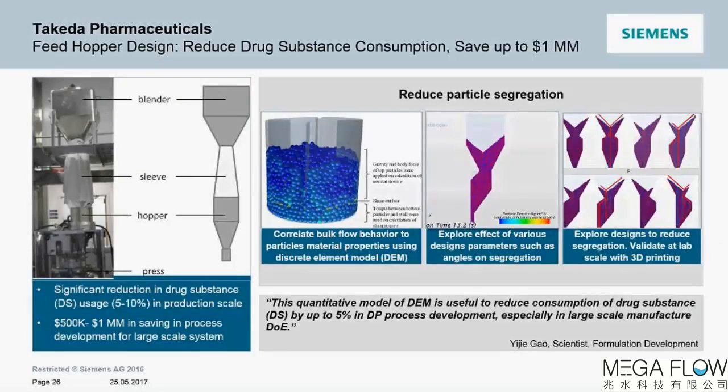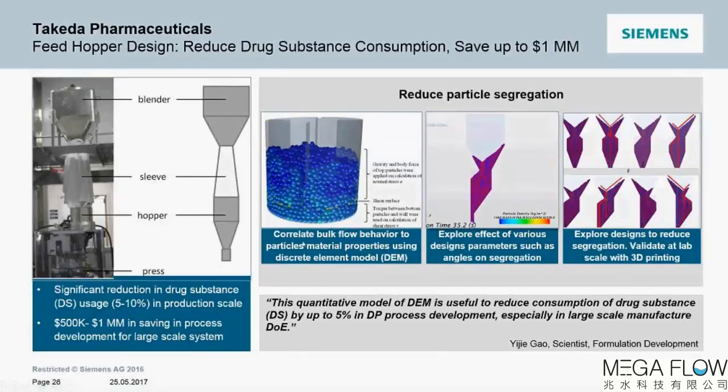Let us take a look at one more example, which is for a hopper design. Hoppers are used in particle processing in many different industries. One such example is shown here on the left. And it is known that if you have particles of two different sizes, then they will segregate as they pass through such hoppers.